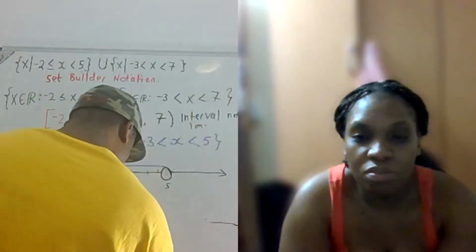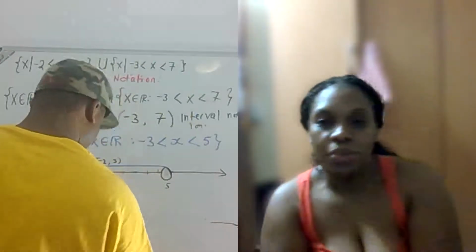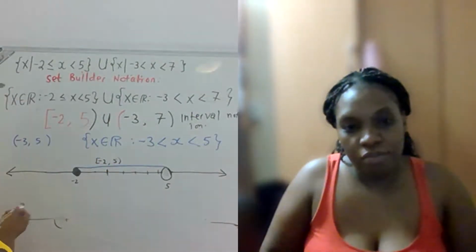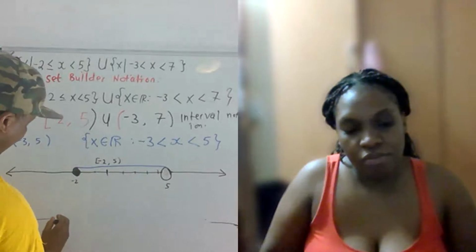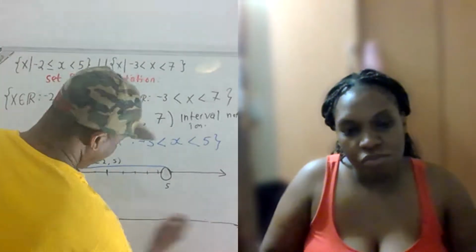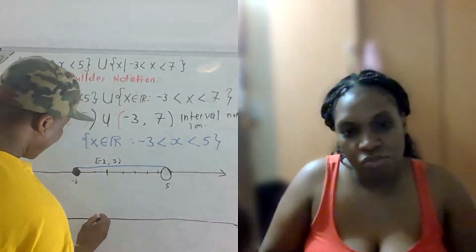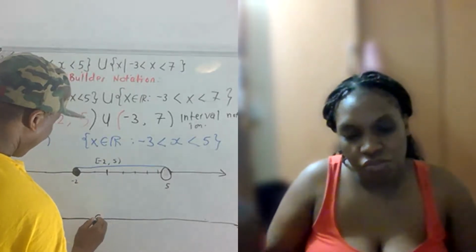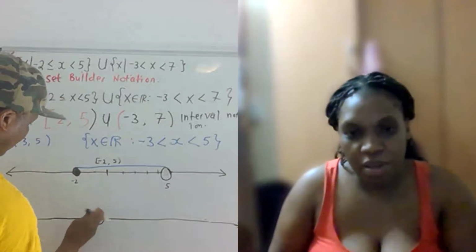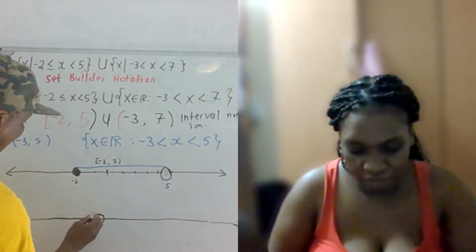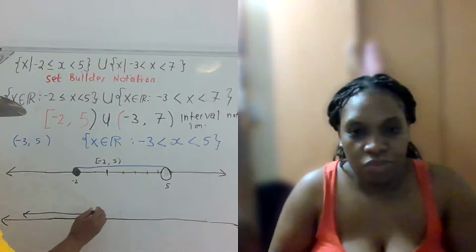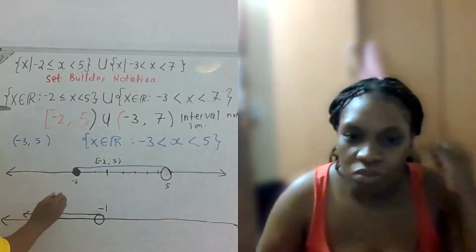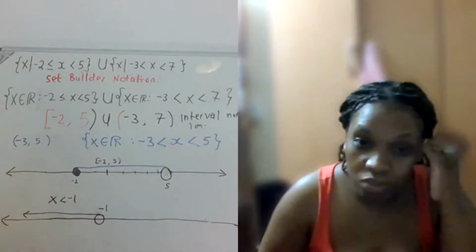Let me change the direction. Let's say start from 0, -1, 2. Let's start from -1 there, and then we go in the opposite direction. So this means x is less than -1.